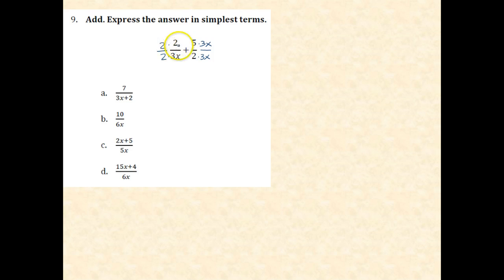So this gives us 2 times 2 is 4 over 6x plus 5 times 3x is 15x over 6x. And now that we have the same denominator, we can just add the numerators. So we get 15x plus 4 over 6x.